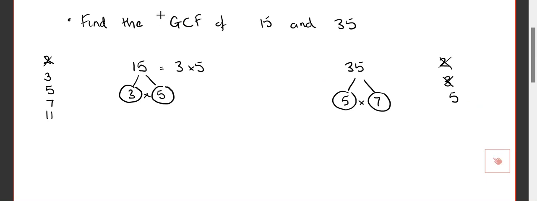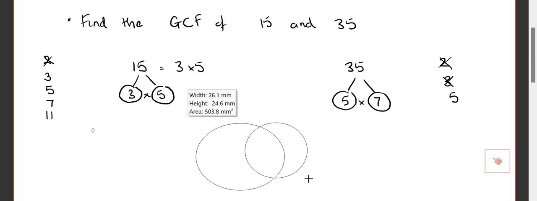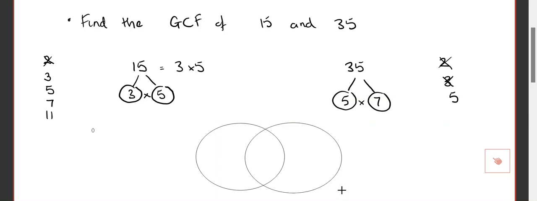Venn diagrams are overlapping circles like this to group things. So that's a Venn diagram. One of those circles is going to represent the number 15, and the other circle is going to represent the number 35.